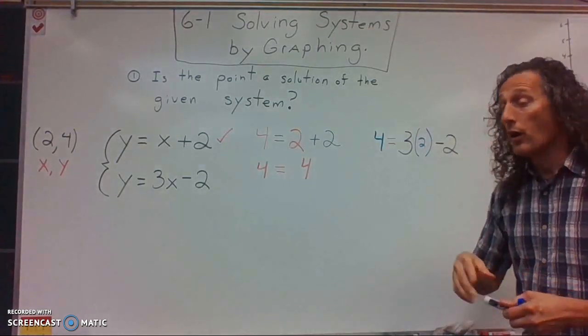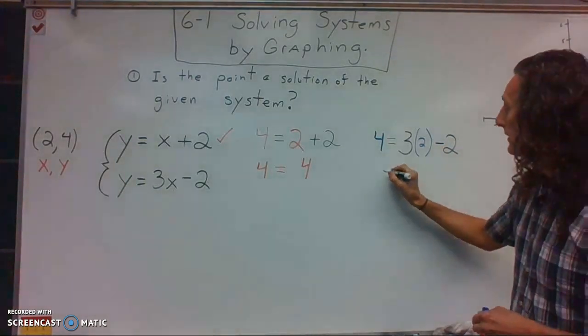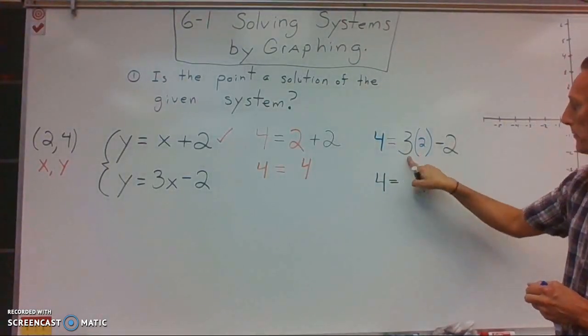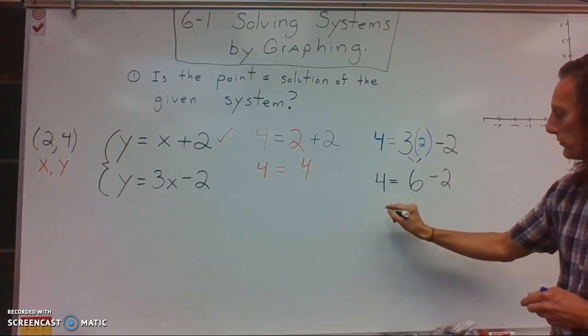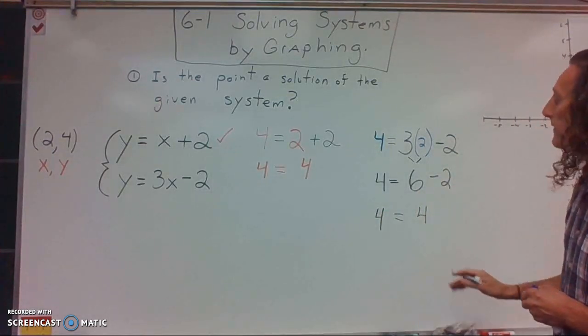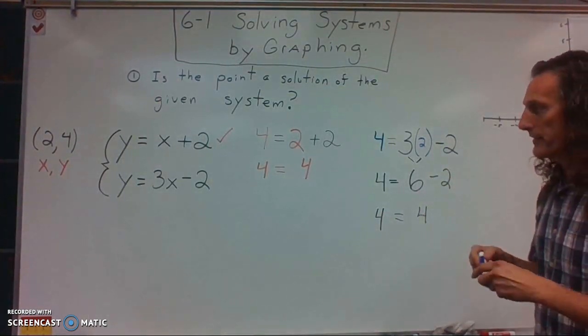As I'm doing this, I'm going to drop down my 4, and it's going to equal 3 times 2, which is 6, minus 2. Then 6 minus 2 is 4. This one also checks out, so I can come over here and give this a check.